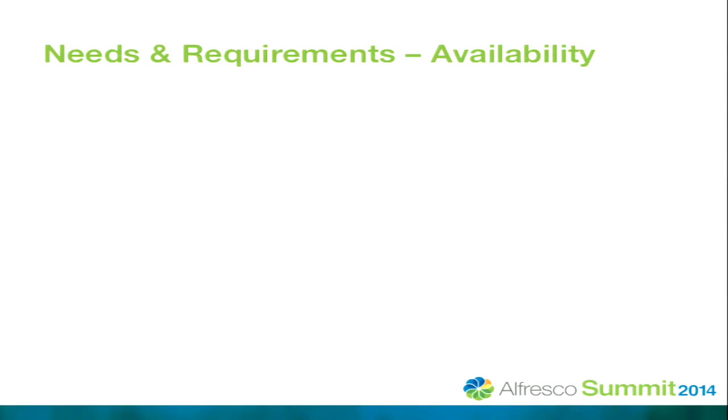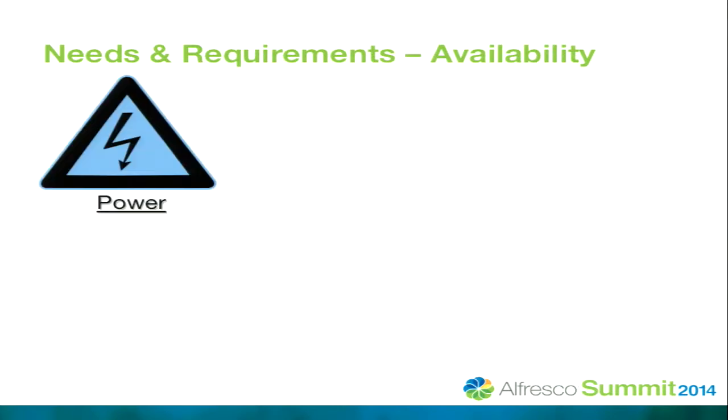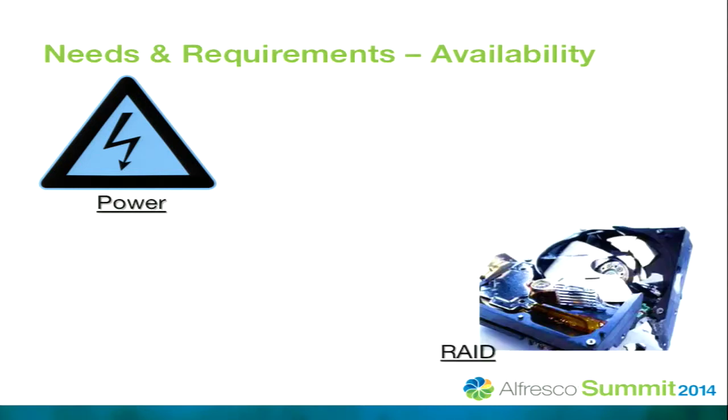From the beginning, we always think of having a second backup. If a fuse blows, let's have a second fuse. If a RAID disk crashes, let's have a second RAID disk with all the content inside.